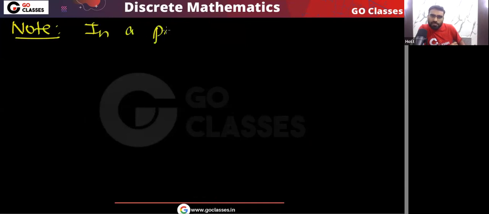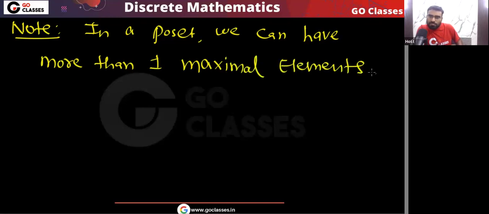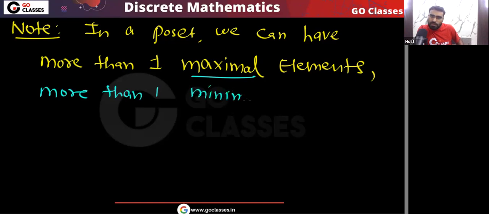In a POSET, we can have more than one maximal element. We can have more than one minimal elements. So these things we can have, right?